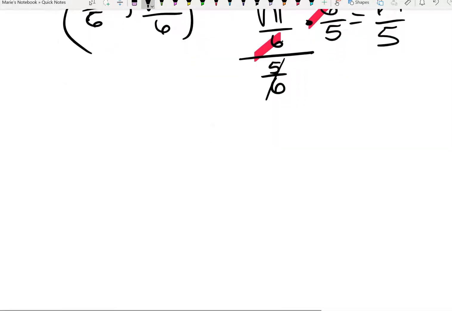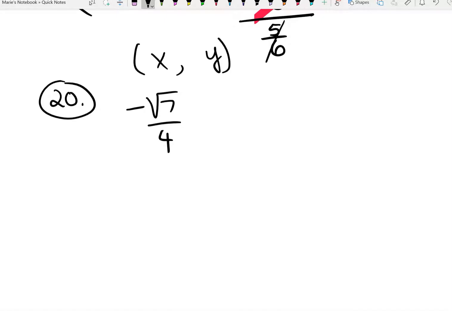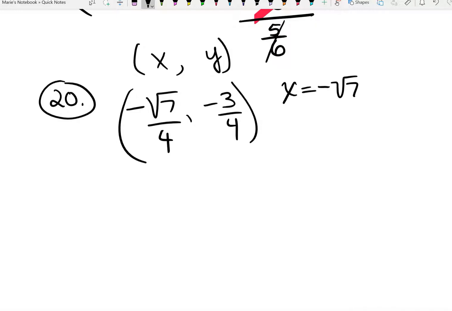Repeat the process for number 20. And so for number 20, again, you're given negative square root of 7/4 for x. Remember, this is x, comma, y as a coordinate pair. And they're giving you negative 3/4. So we have x, we have y, we have r. We know x is equal to negative square root of 7/4.